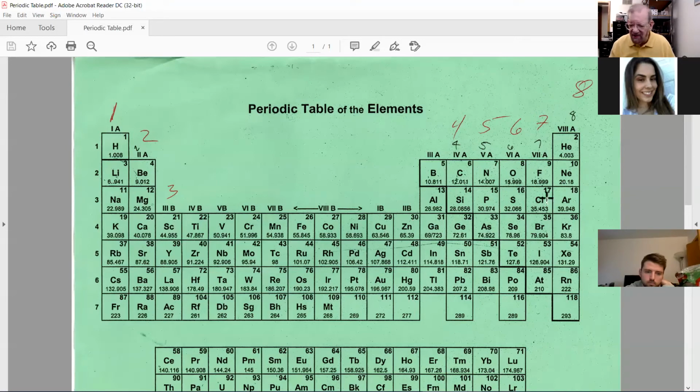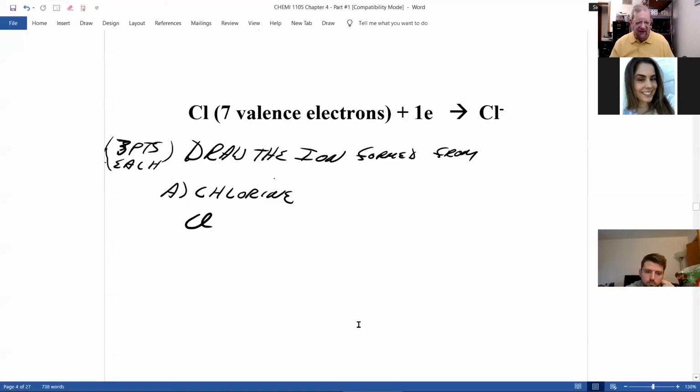It's the total number of electrons and protons. The atomic number for chlorine is 17, and that means chlorine has 17 electrons, 17 protons.